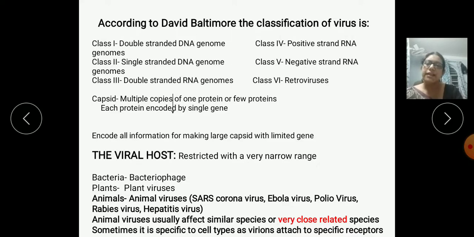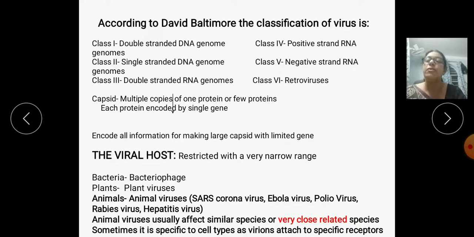Now, one characteristic of animal viruses is that normally they affect similar species. That means, suppose a virus is infecting a human, for example, influenza A virus. Normally, it is restricted to humans only.